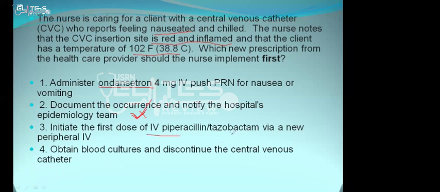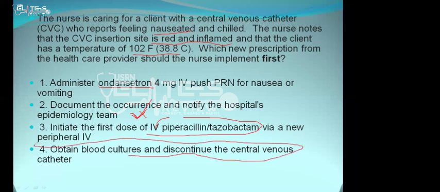How can you give antibiotic without knowing the causative organism? So you ask yourself. That is why this one will become first. In all of these things, in one way or the other, they could be done. But what will be your first thing to do in this case? So this is one way prioritization will come. So the answer is 4.